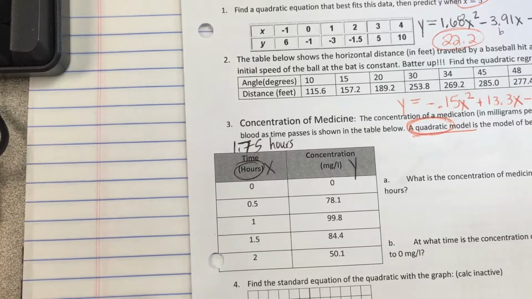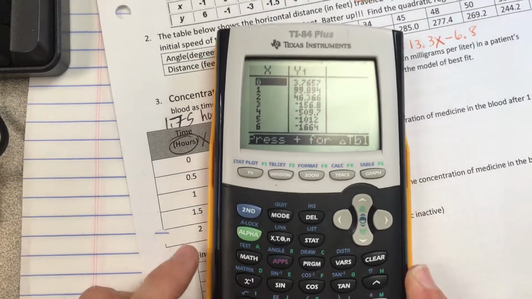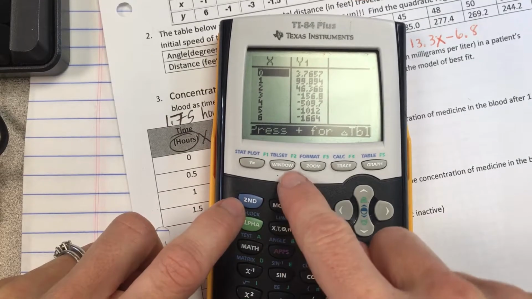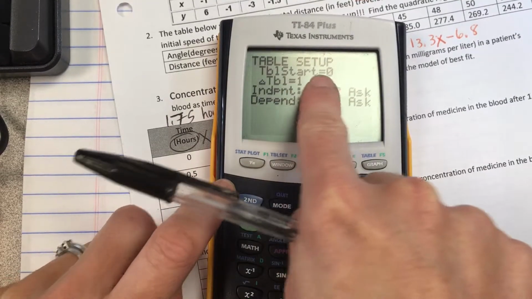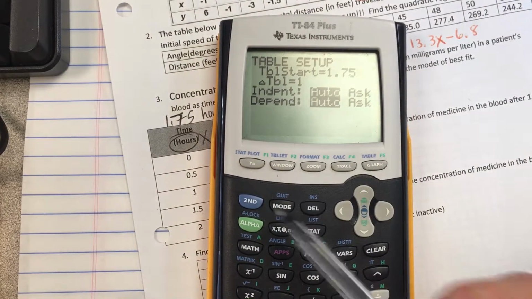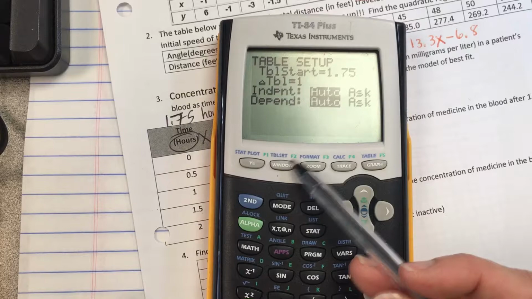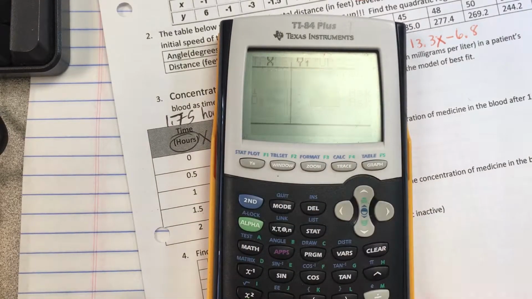Hours is your X. To make it do 1.75, I just go to table set, so second window, and I'm going to tell it to start at 1.75.